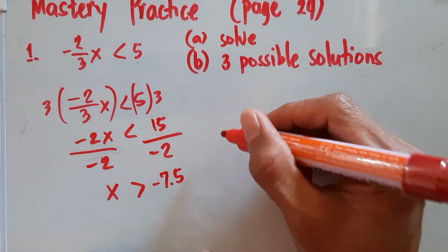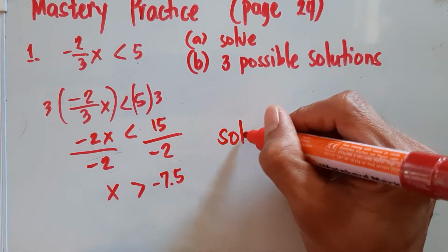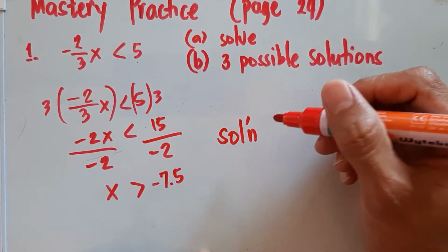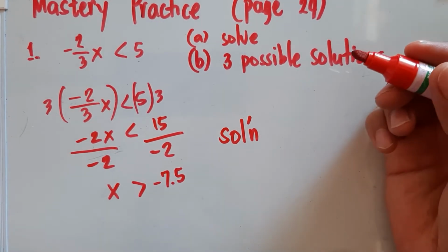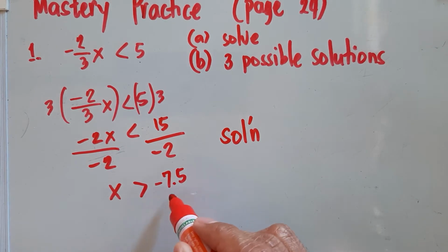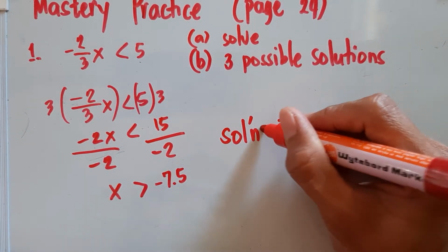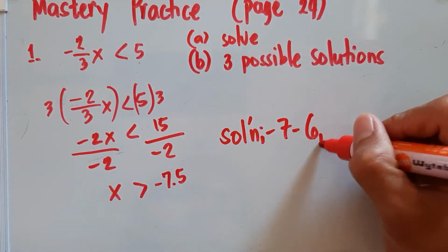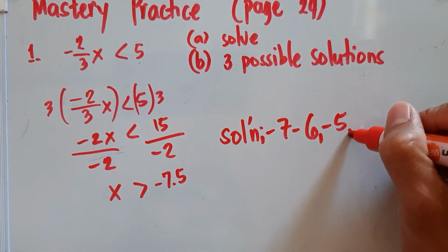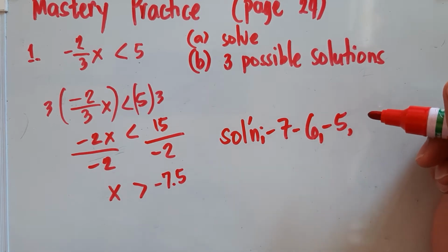We just have to write 3 possible solutions. What are the numbers that are greater than negative 7.5? We have negative 7, negative 6, negative 5, and all the numbers to the right of negative 7.5.